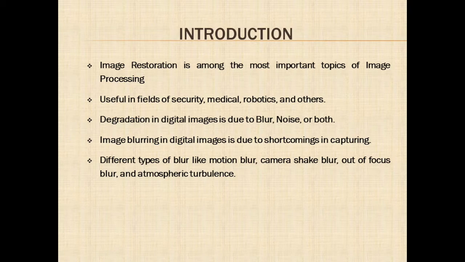Degradation in an image is due to blur or noise or sometimes both of them. There are different types of blur like motion blur, camera shake blur, out of focus blur, and atmospheric turbulence which cause degradation in the image.